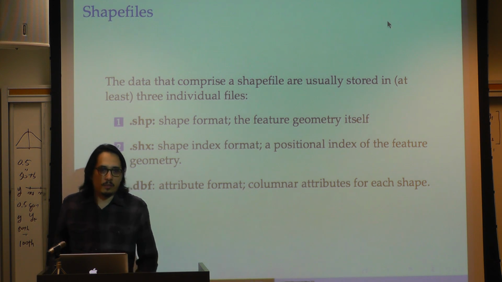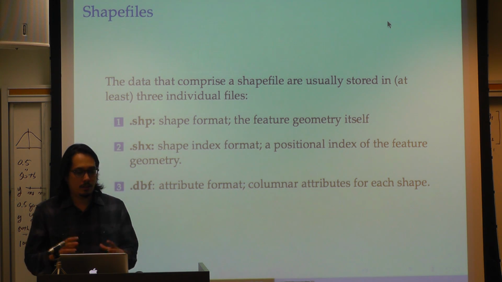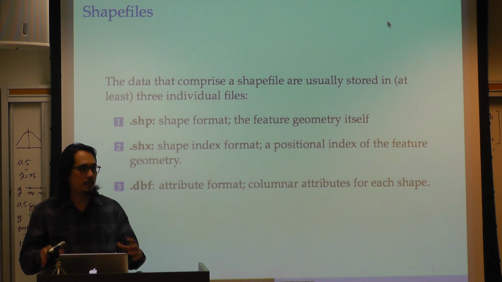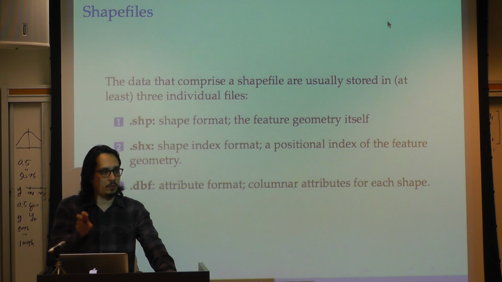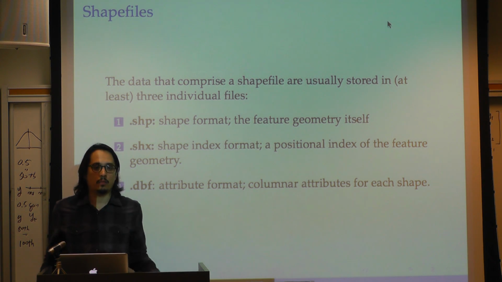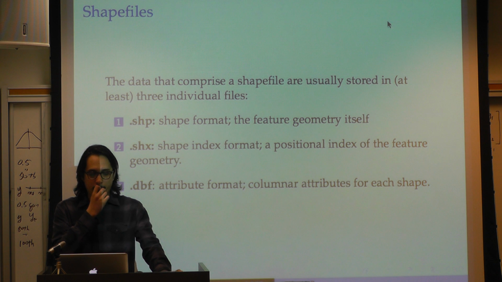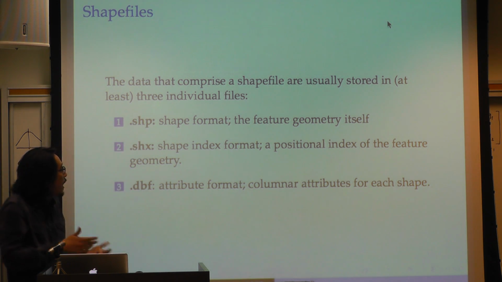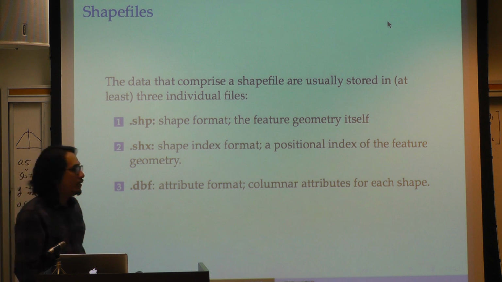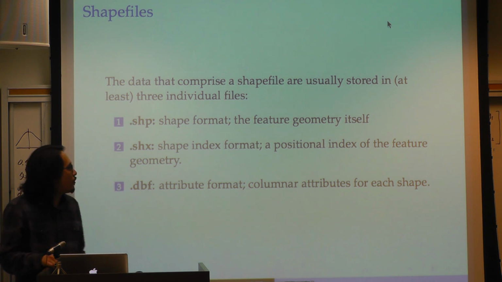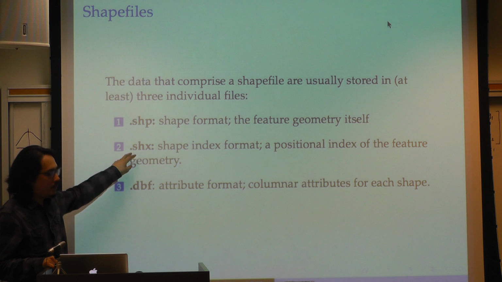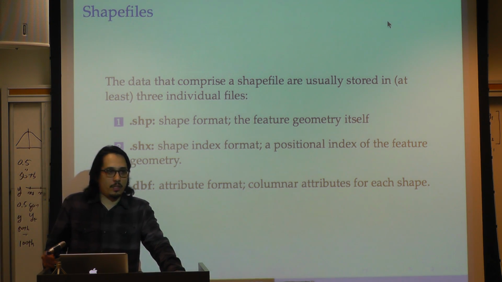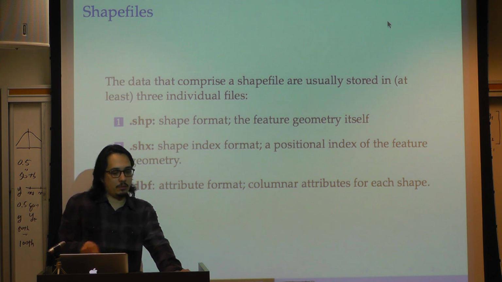But in fact, a shapefile is a bunch of, at least between 3 and 6, individual files that store different kinds of information, and when you put them together, it creates a map. So we have the SHP file, which is the actual shapefile, the one that is in geometric form. Then we have the SHX file, which is just an index for the position of the polygons.